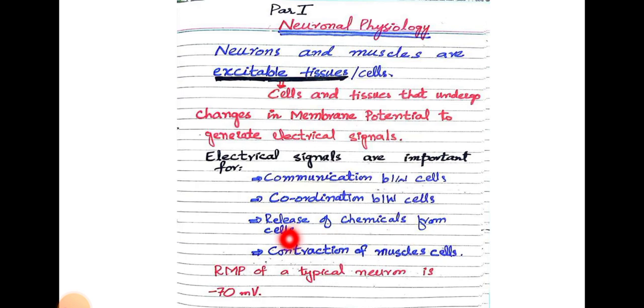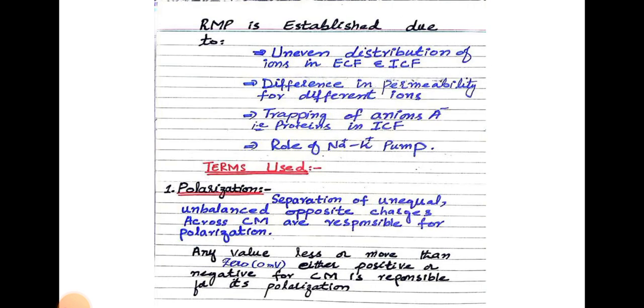The resting membrane potential of a neuron is minus 70 millivolts. In the previous lecture, we discussed that resting membrane potential is established due to uneven distribution of unbalanced charges in extracellular and intracellular fluid, and also due to the difference in permeability of ions. For example, the cell membrane of a nerve cell is 50 to 75 times more permeable to potassium ions as compared to sodium.